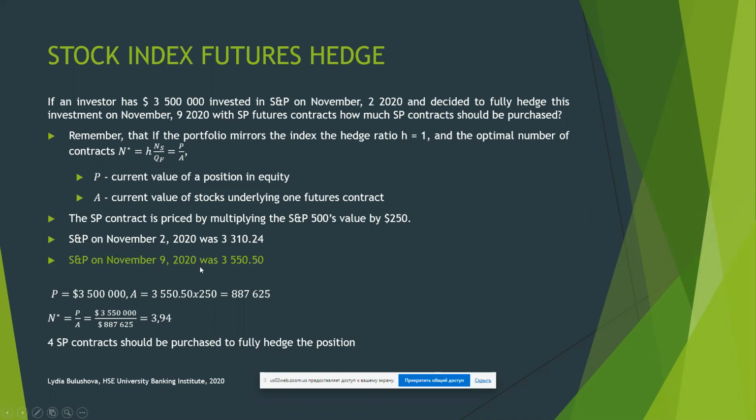Can you see the green line? $3,500,000 US invested on November the 2nd turned into... the futures price. That's the futures price on November the 2nd. That's the S&P price on November the 2nd. That's the S&P price on November the 9th.